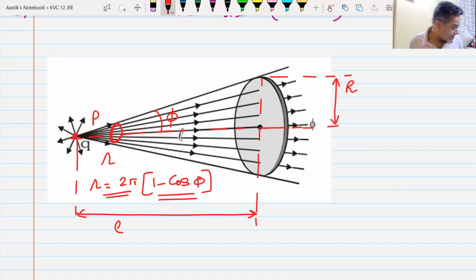Do we understand this? Okay. Now, this is the solid angle. Now, how are we going to use this solid angle? You just draw the solid angle subtended by a disk. Have you written the solid angle?